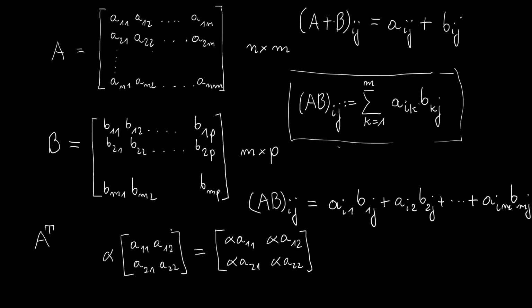So the dimension of the space of matrices which are 2 by 2 is 4. The dimension of matrices which have only 1 row and 3 columns is 3, etc., etc.